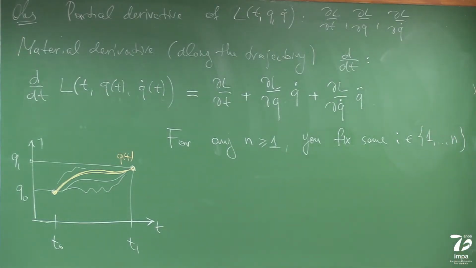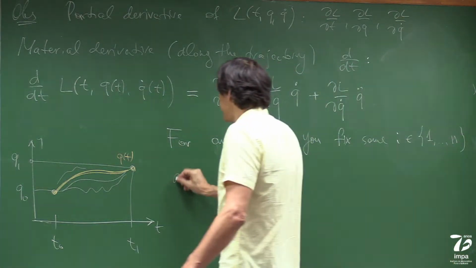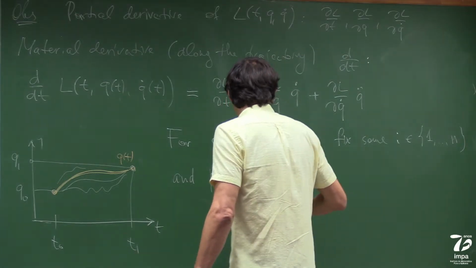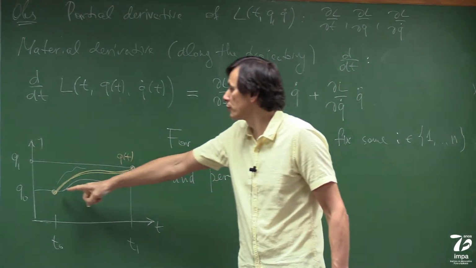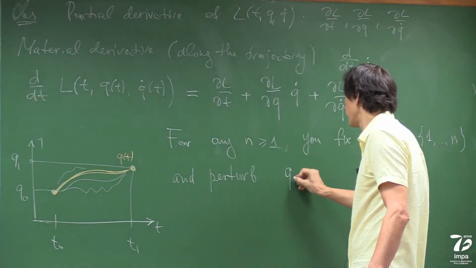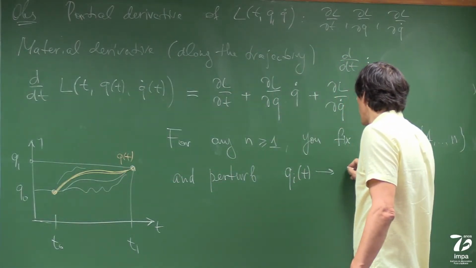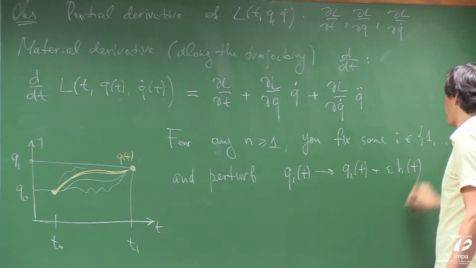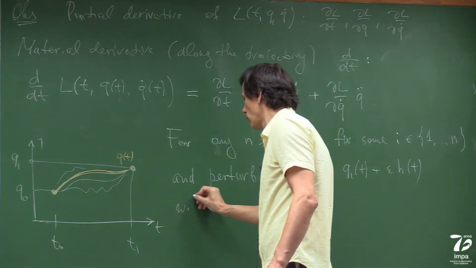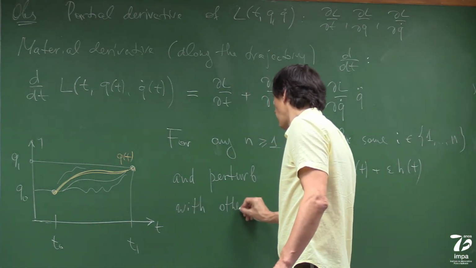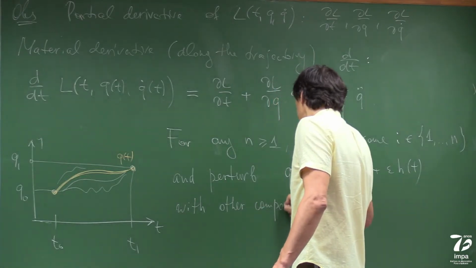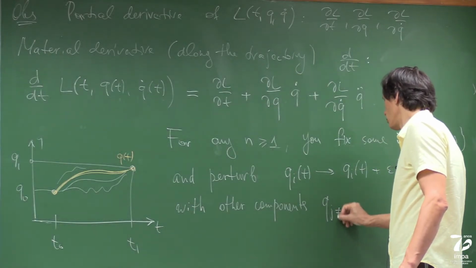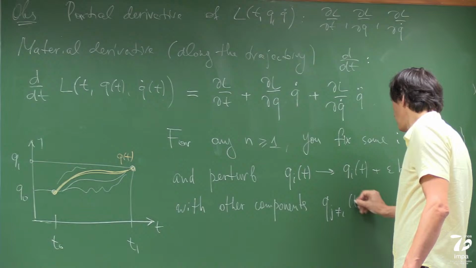So you fix some coordinate and then perturb in the same way as before, but you perturb just this coordinate, with the other components q_j, j not equal to i, fixed.